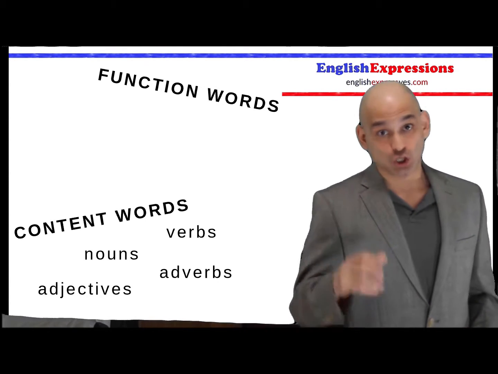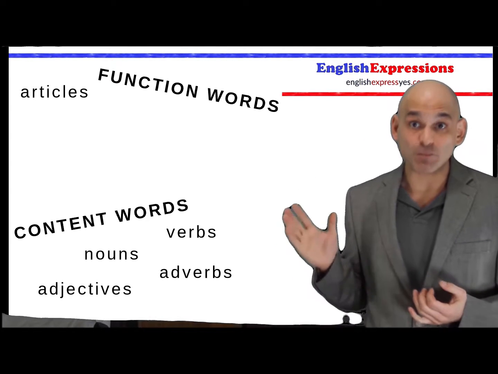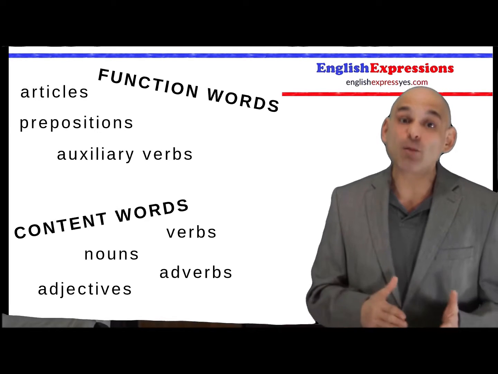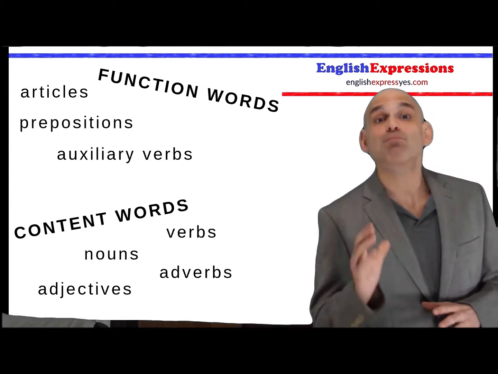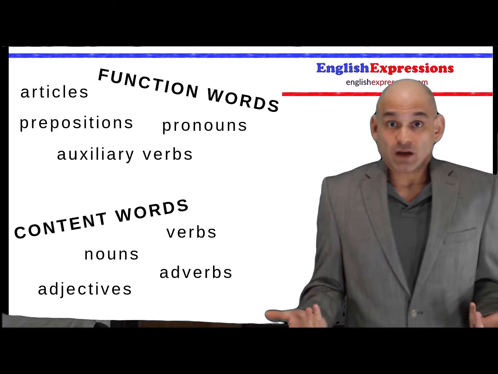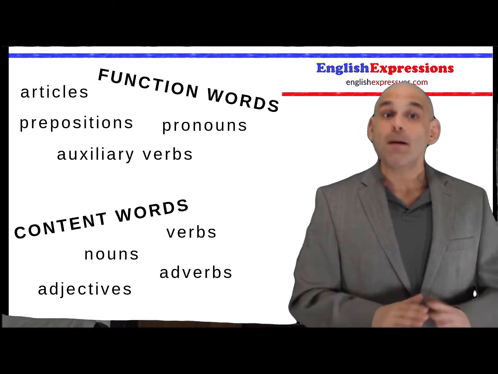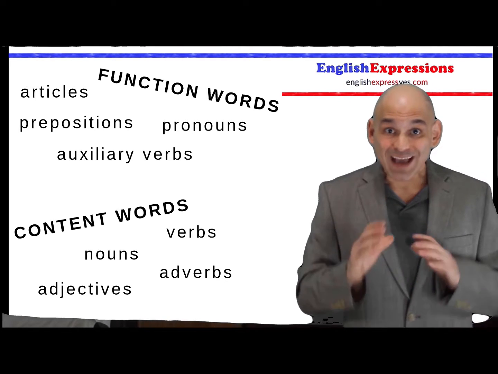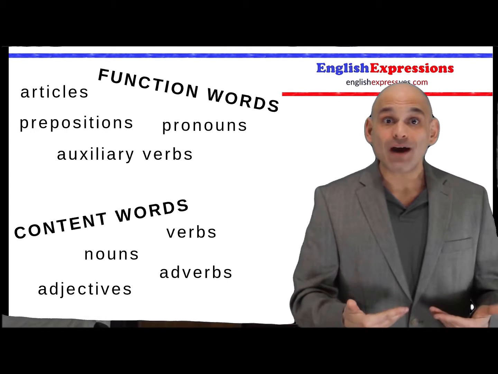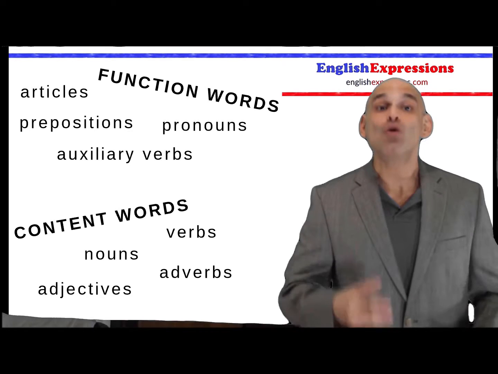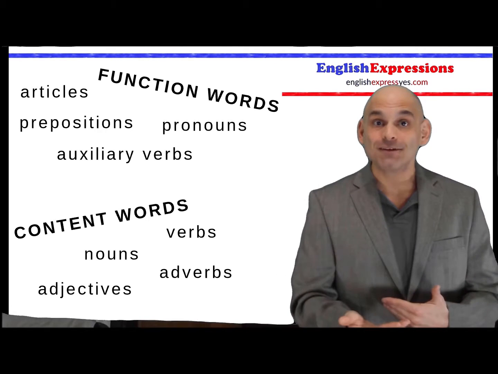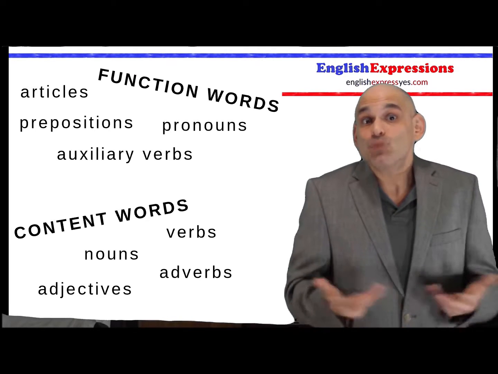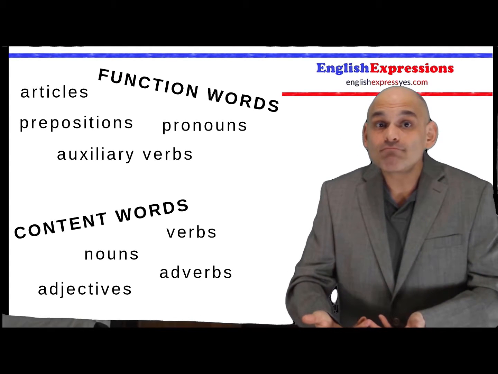Function words include articles, prepositions, auxiliary verbs, which are like helper verbs, and pronouns. Why pronouns? Well, pronouns are nouns, but we do not need to say them fully because when we use a pronoun, we know who we are talking about. We say she. We don't say her name because we know who she is.